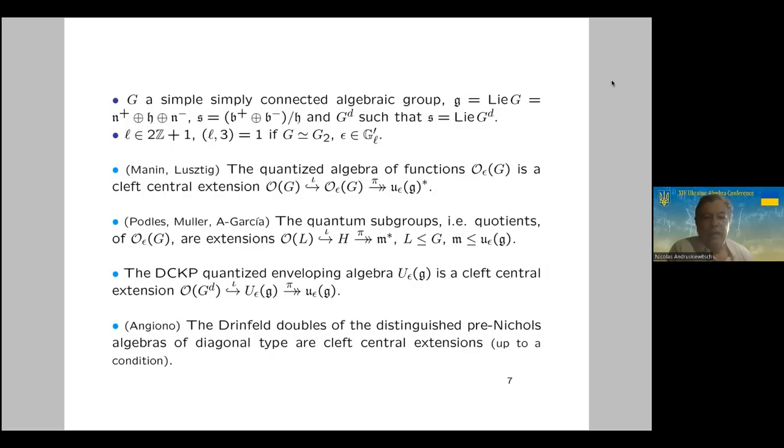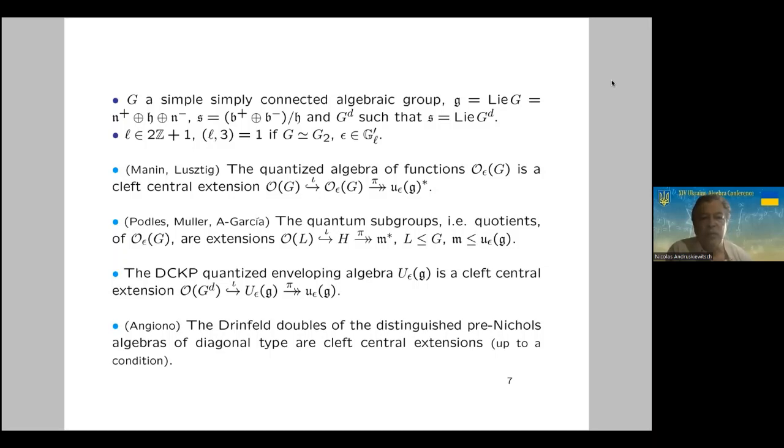And I will call S the direct sum of b plus with b minus, where b plus is n plus direct sum h and b minus is h direct sum n minus, divided by h, which is included diagonally in some sense inside b plus direct sum b minus.